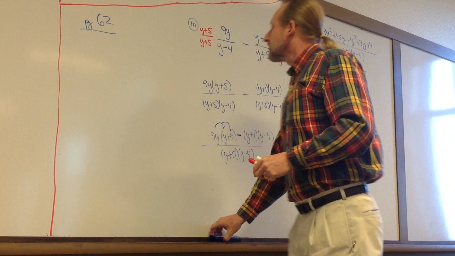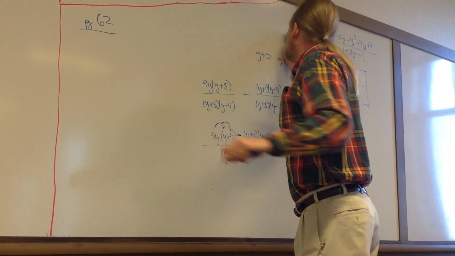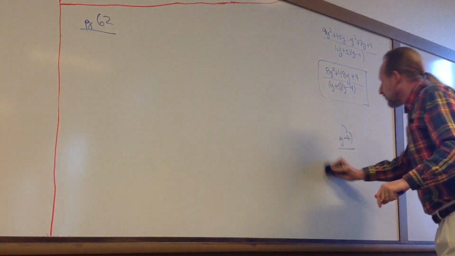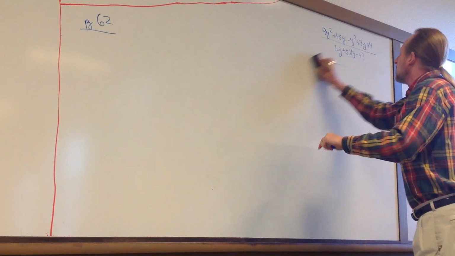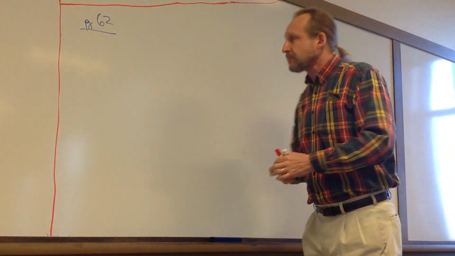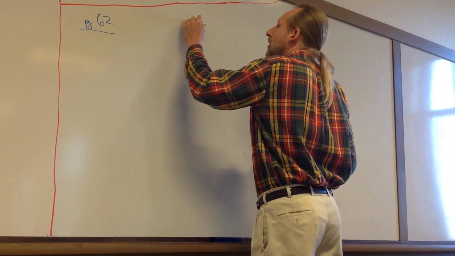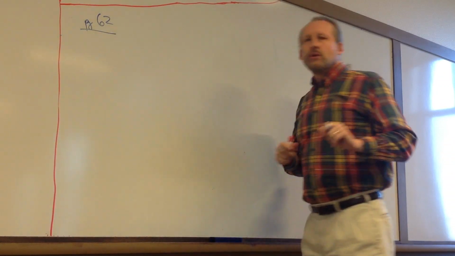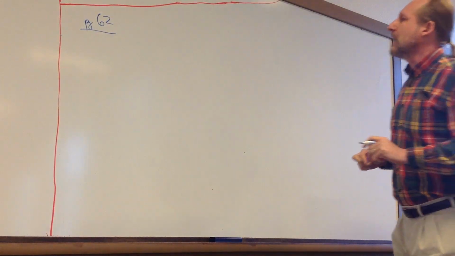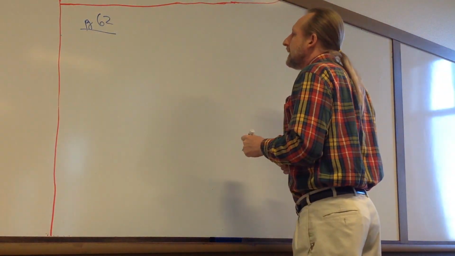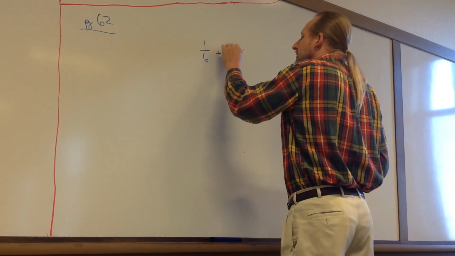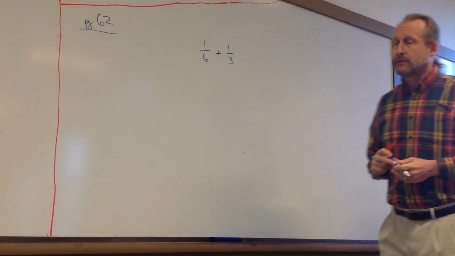All right. Let's look at one more, number 8. Number 8's a little bit different from the other problems, and it gives us a preview of what we'll talk about in the second half of section 1.7. Before we talk about problem 8, let's look at a slightly different numerical fraction problem. Let's say instead of a half and a third, we wanted to add 1/6 plus 1/3.